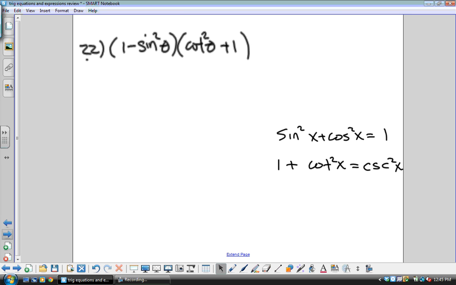Okay, and if we divide by cosine squared, we'll get tangent squared plus 1 equals secant squared.